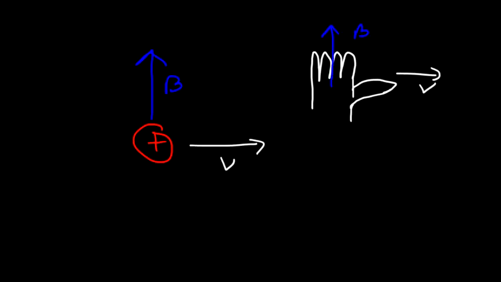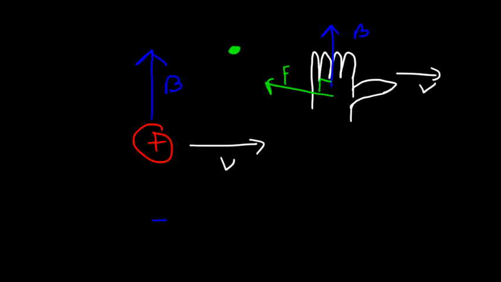So if you orient your right hand this way, the force should come out of the palm of your right hand, and so it should come out of the page. So I'm going to put a circle for that. Now, for a proton, the magnetic force is out of the page.